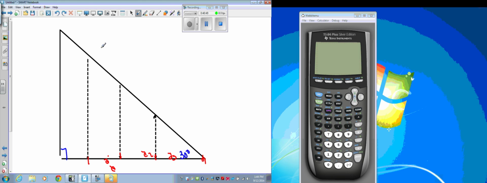If the distance from here to here is C, the distance from here to here is C1, distance from here to there is C2, and the distance from here to there is C3. The ratios of, if I do the sine of 30 degrees, it's going to be opposite. I better do cosine because I've got cosine set up.